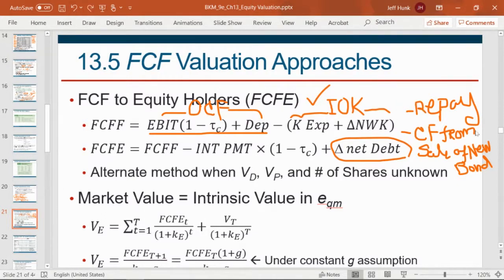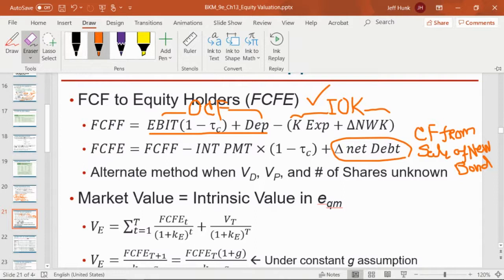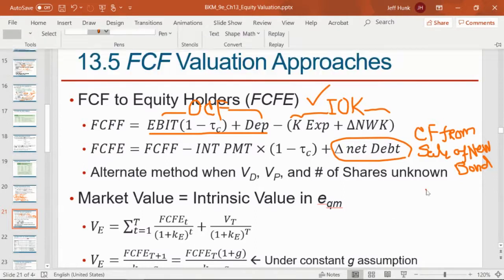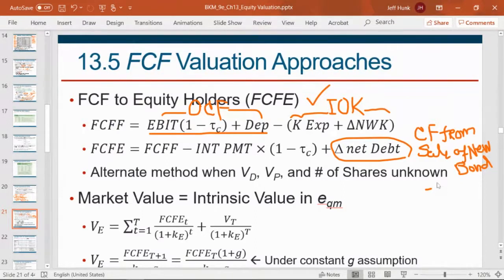I think I wrote this principal repayment first and then subtracted. So it is minus principal repay.